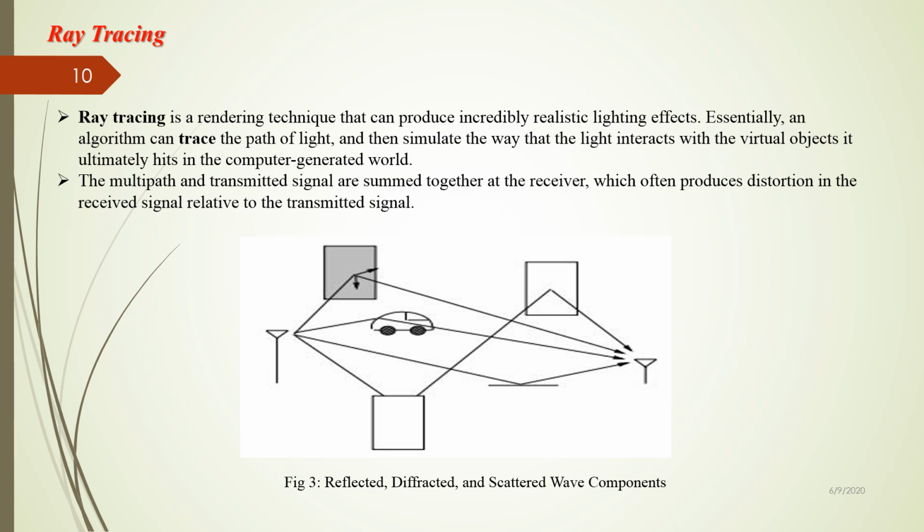And when it strikes this dark box, then the scattering phenomenon occurs, and when it is reflecting through the edge of this surface, then it is getting reflection.